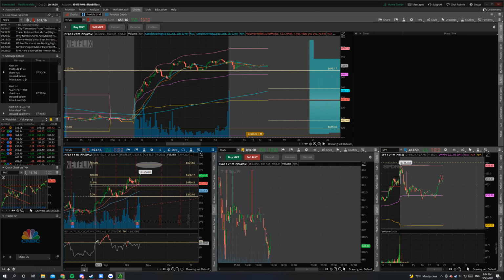Why? Because algos use the Fibonacci levels, and based on those levels is where they sell and buy, right? So that is the example of Netflix.